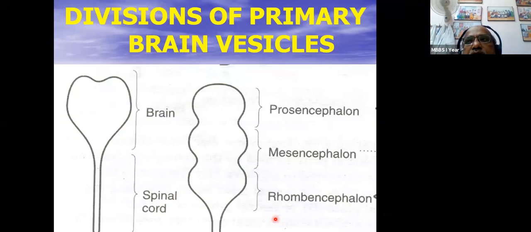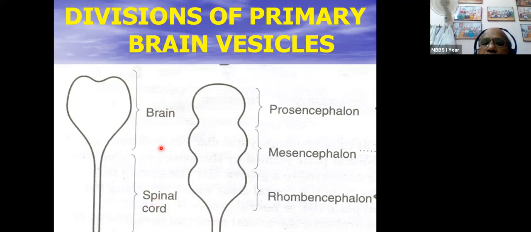Now you see what happens to that neural tube. The neural tube at the cranial end of the embryo undergoes dilatation to form brain vesicles. So the cranial part of the neural tube forms your brain, and the caudal part of the neural tube forms your spinal cord. Simple diagram to understand that.